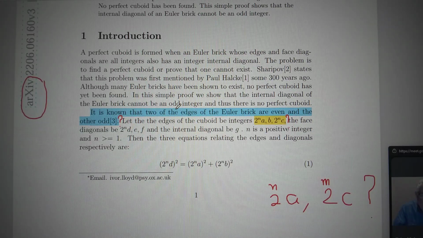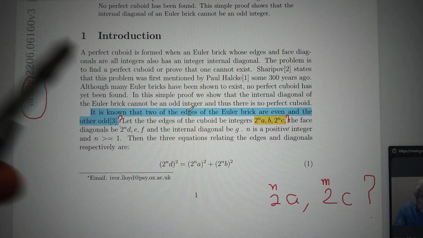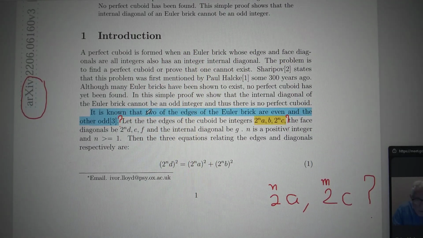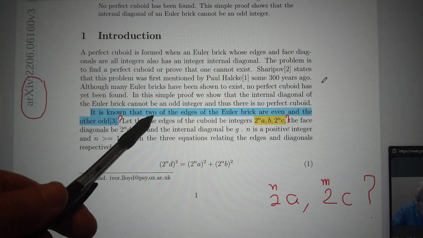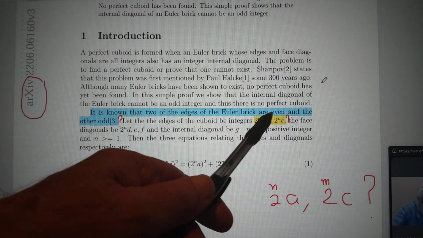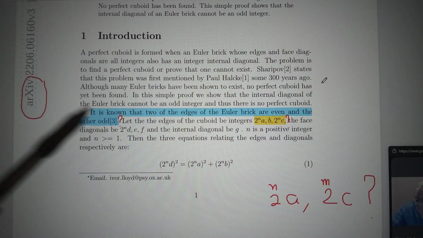Of course, I have to look at this proof. Who did this proof? This is not correct, because no one has an Euler perfect box. Then how do they know two edges are even and the third is odd?